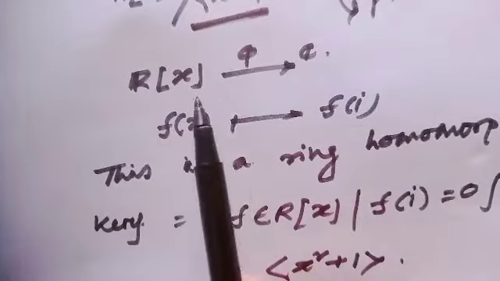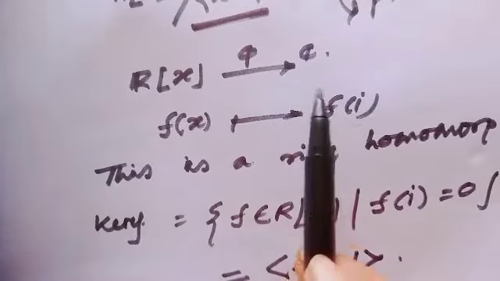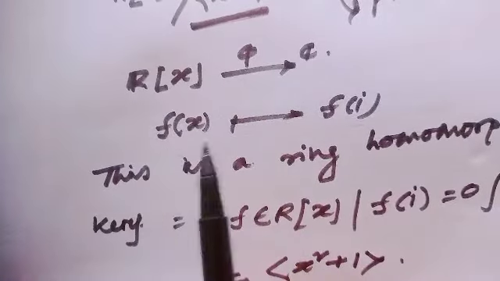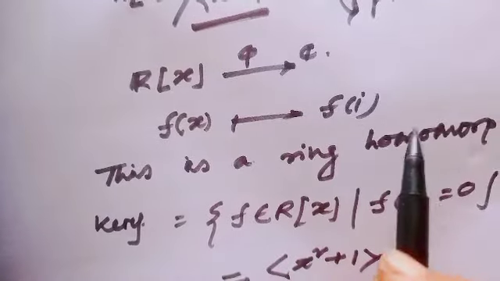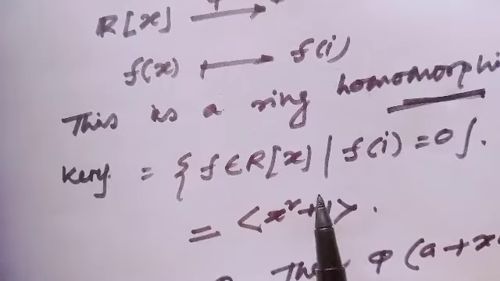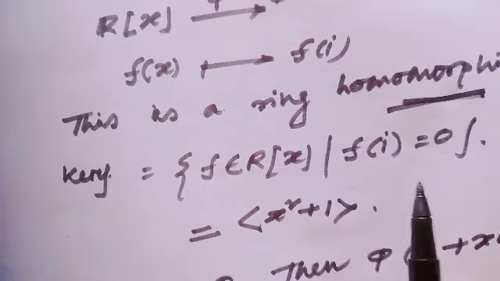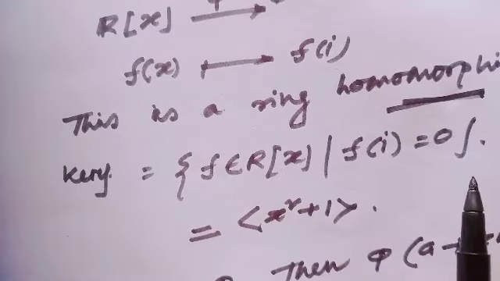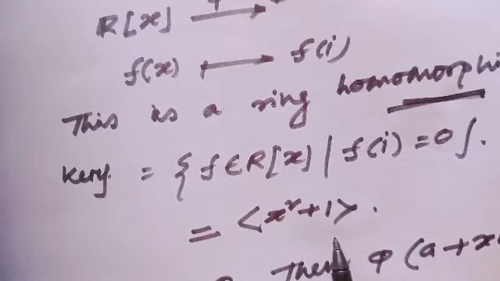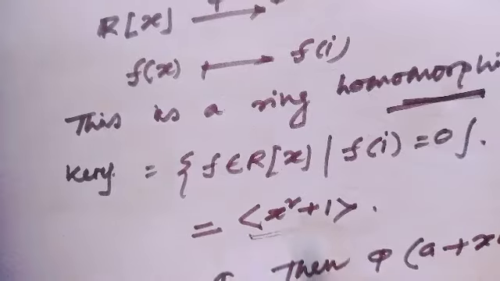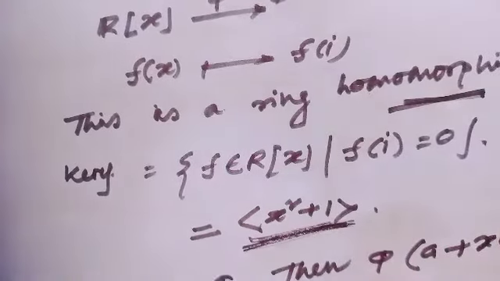And the proof looks like this, just recall. Consider a mapping φ from R[x] to the complex numbers such that f(x) maps to f(i). This is obviously a ring homomorphism, and the kernel of φ equals the set of f belonging to R[x] such that f(i) equals 0, which is actually the ideal generated by x² + 1. We all know this part from the earlier video.